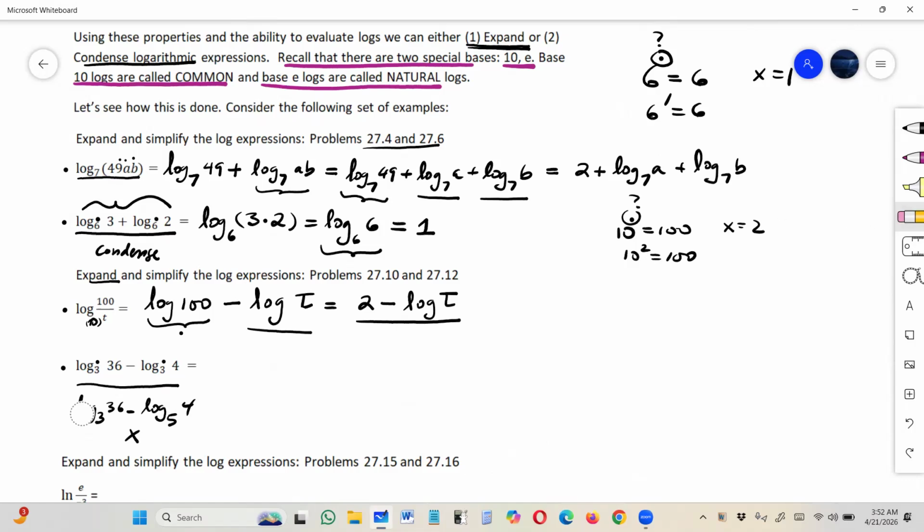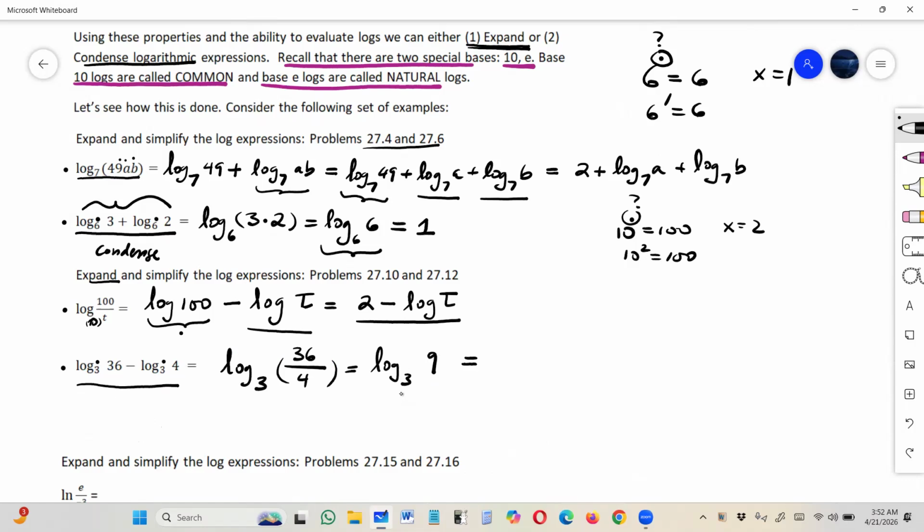Since the bases are the same, I can apply the quotient rule in reverse, and that would be log base 3 of 36 over 4. Now I can divide 36 by 4. I get 9.